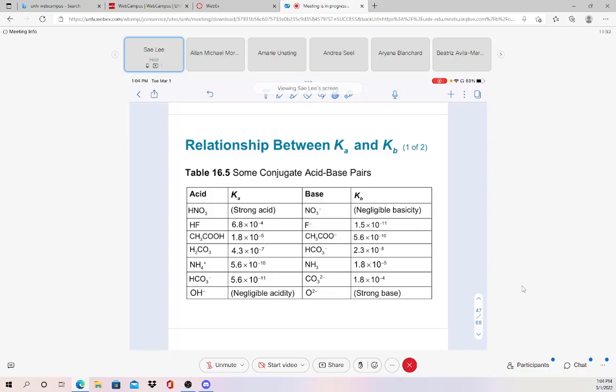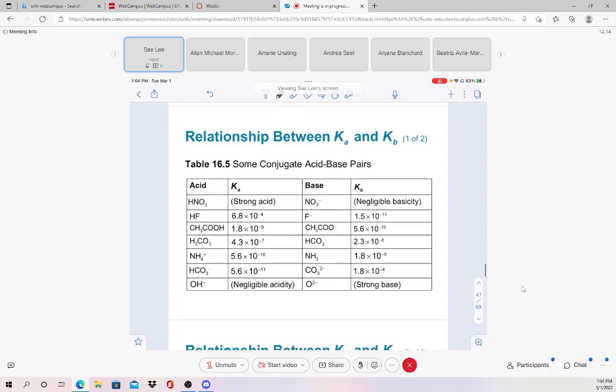Ka is the equilibrium constant for acid, or acid dissociation constant. Kb is the equilibrium constant for base dissociation constant. And this table shows some conjugate acid-base pairs.